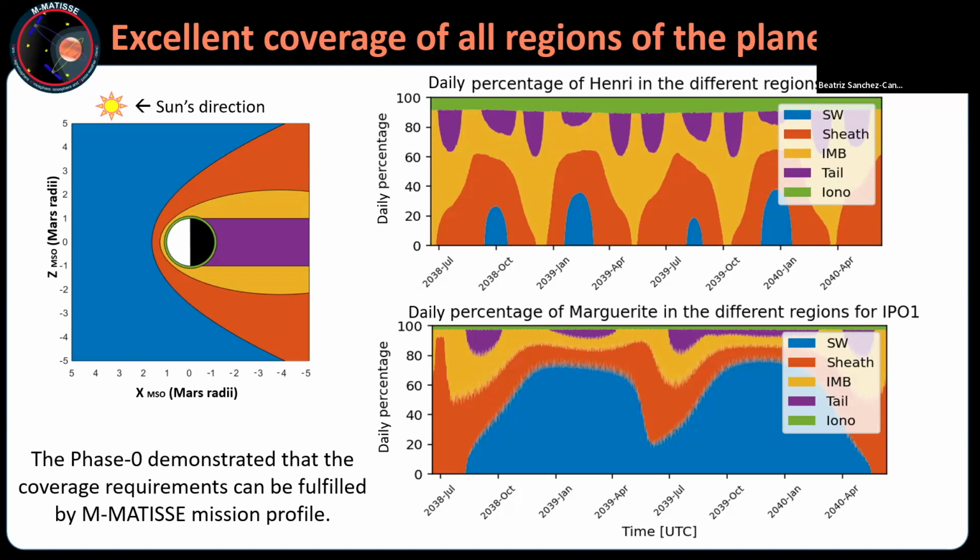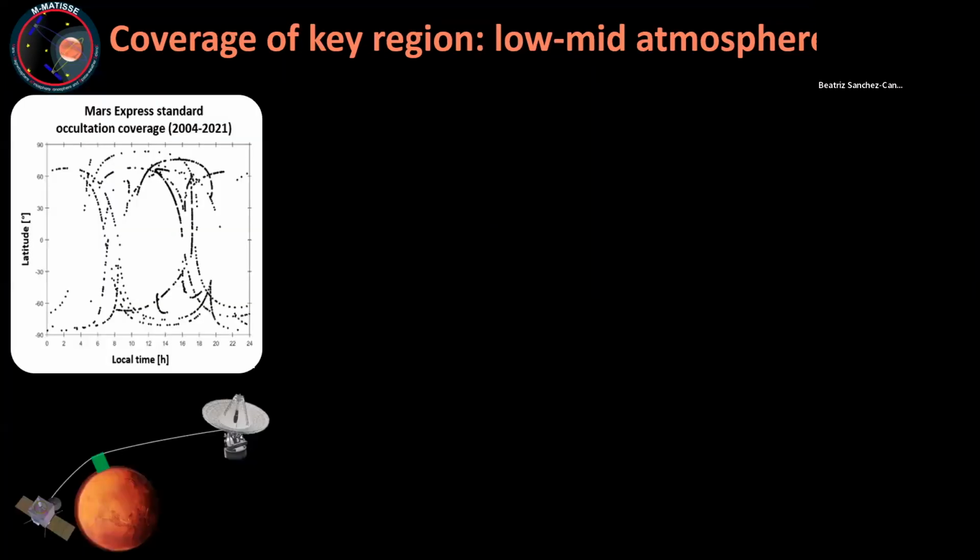This is for the in situ instruments, but for the remote instruments it's even better, because this is the current coverage of Mars Express. This is 20 years of observations of coverage of Mars Express, latitude with local time. Every time the spacecraft is in occultation with respect to Earth, there is an occultation and you can get the electron density profile and the neutral temperature profile of the planet.